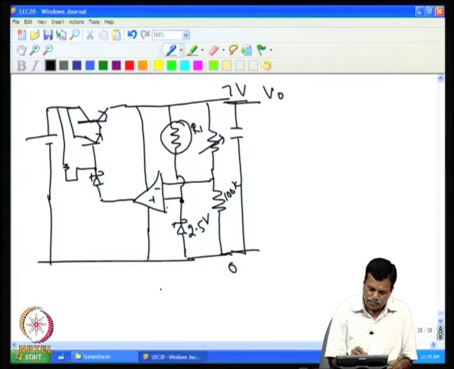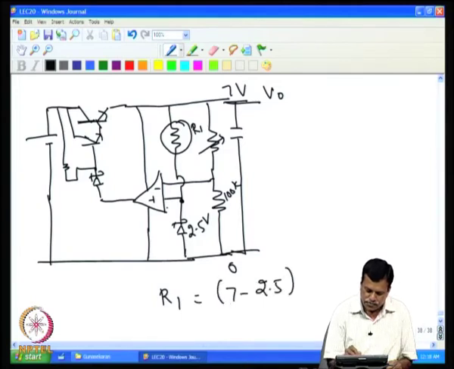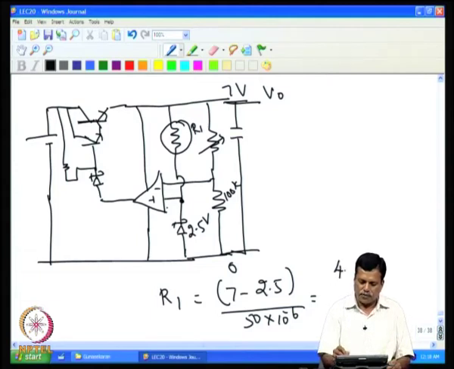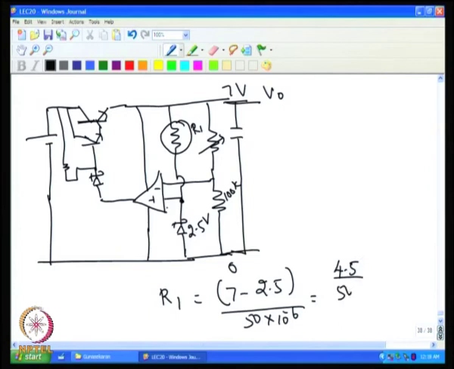R1 will be 7 minus 2.5, because this is sitting at 7 volt and this is sitting at 2.5. The minimum current required for the Zener is say 50 microamps. So, the resistance comes to 4.5 volt divided by 50 microamps, which comes close to say 82 K resistance.